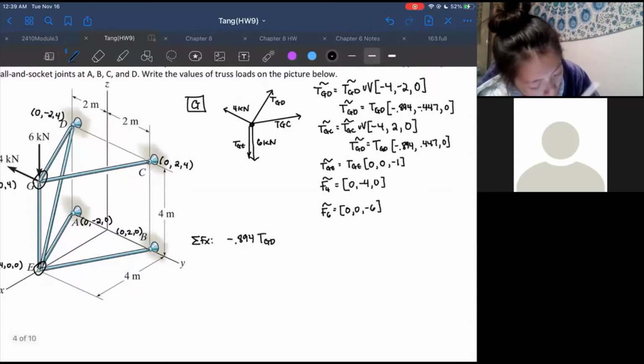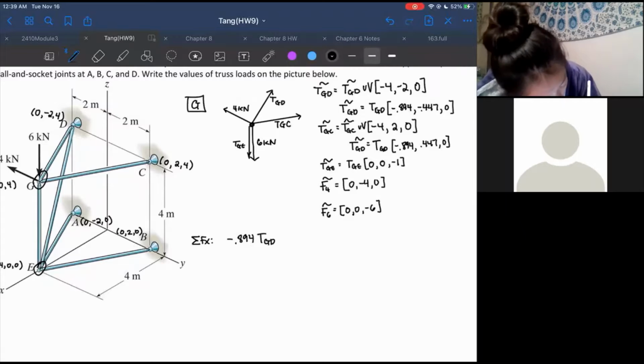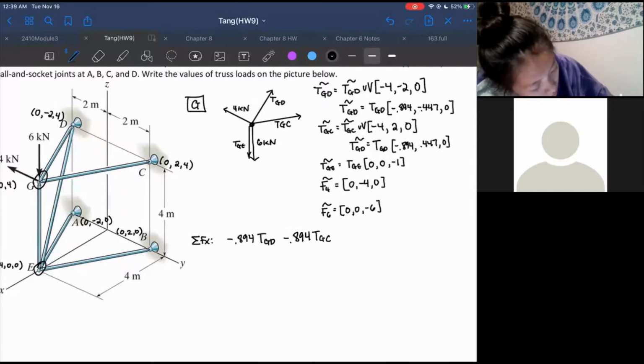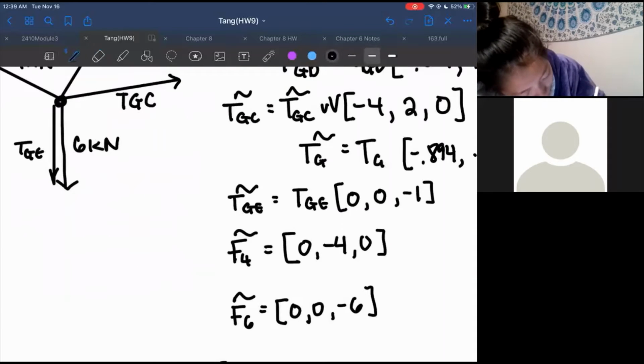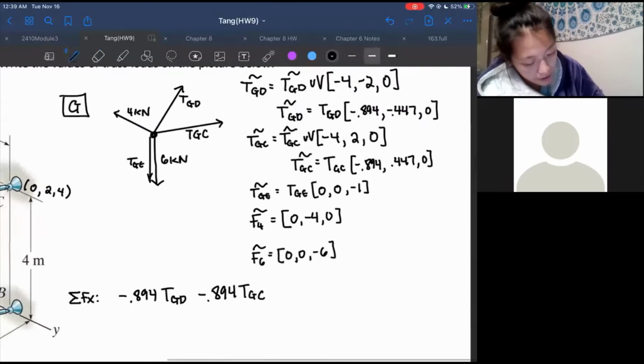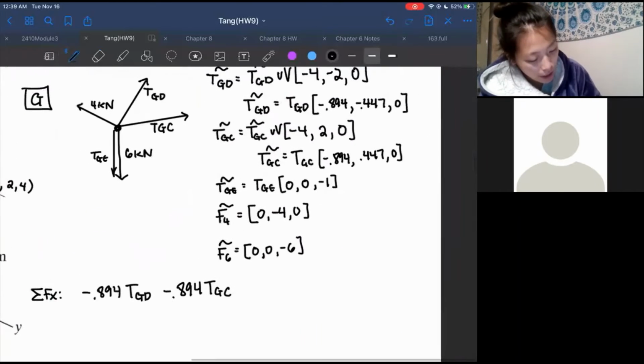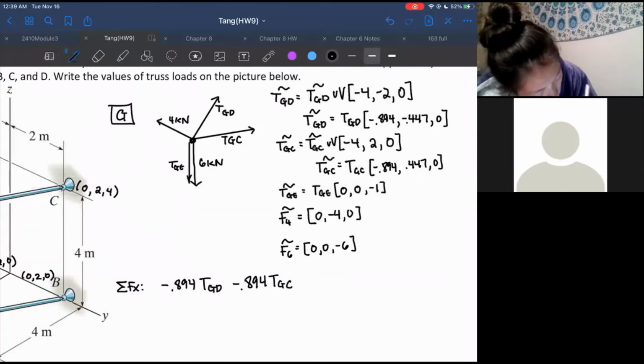Then we do TGC, the x for that, which is also negative 0.894 TGC. Oh, I just realized, I made a mistake. And then we have TGE.